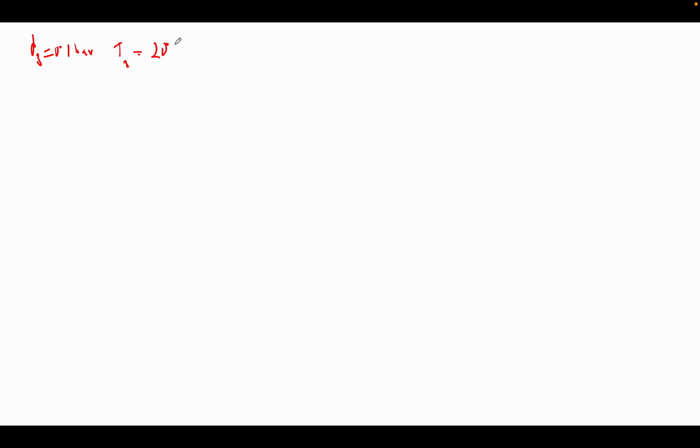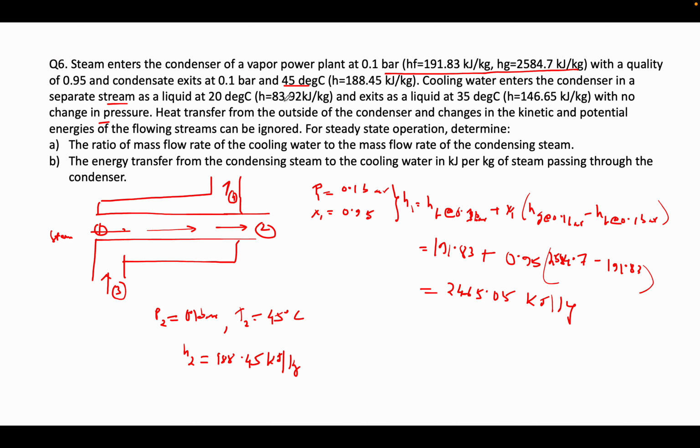So at this state H3 is given to us as 83.92 kilojoule per kg.